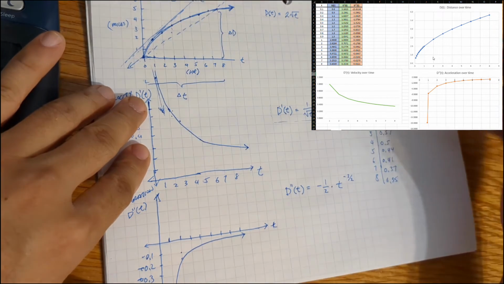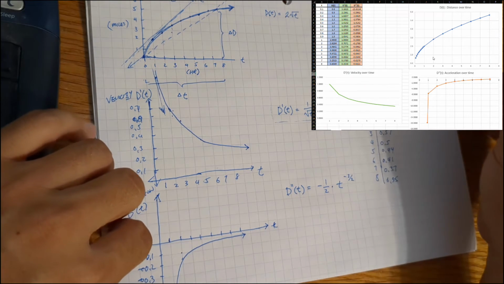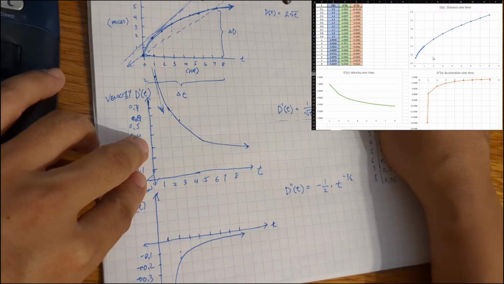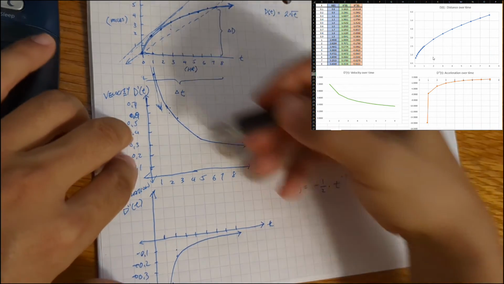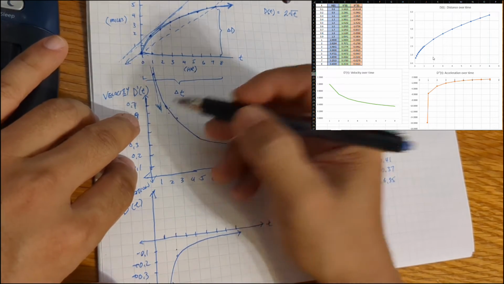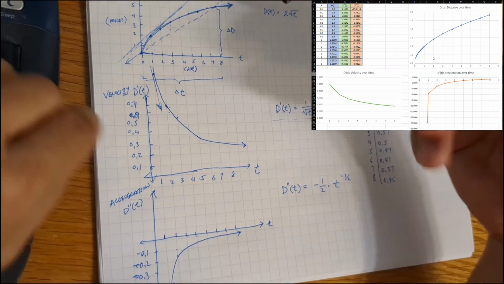So acceleration is not a constant thing. It's a time squared function. So that's why it's not very intuitive. We have to kind of just trust in the graph and then trust in the math.